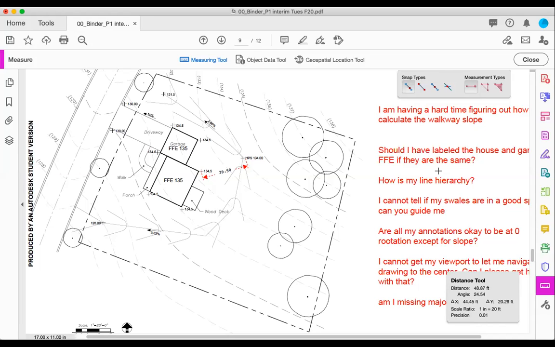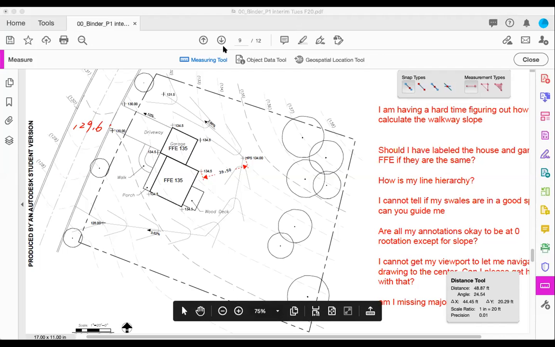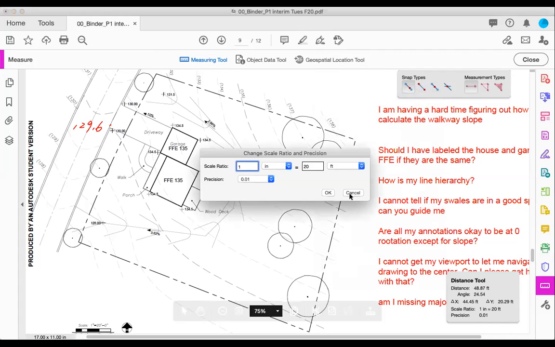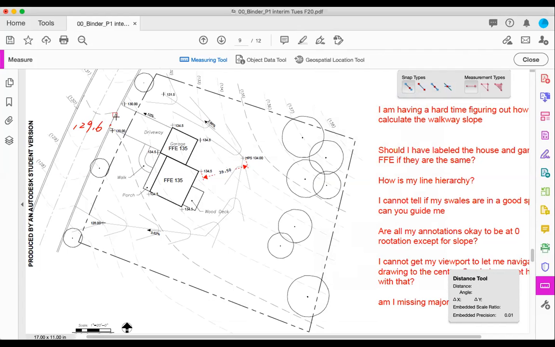The same. Yeah. So this spot here looks very similar, 129.6 or something. Let's just do a quick measurement from here to there.